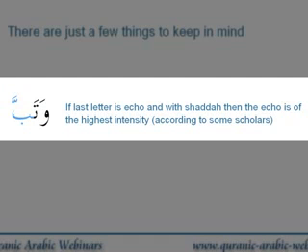We covered this in the lesson about the echo or qalqala letters. So instead of reading this as watab, this would be slightly more intense. It would be watab. Okay, and that's to help us remember or to know that there was a shadda on that last letter that became an echo letter.